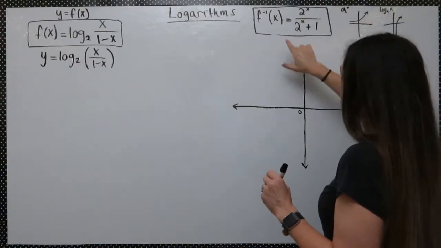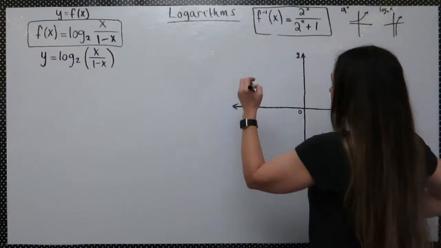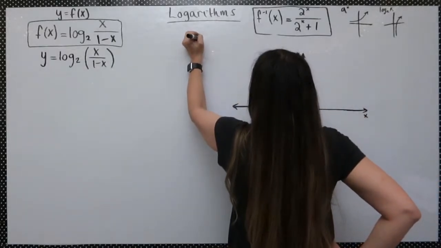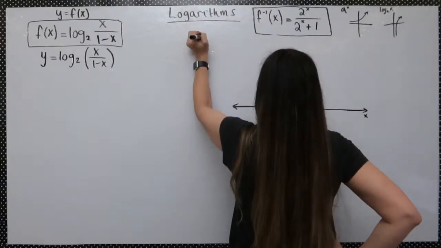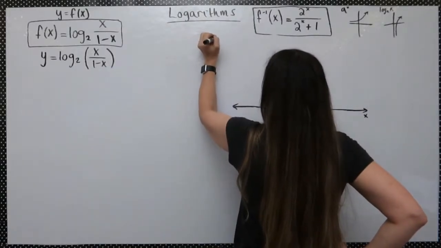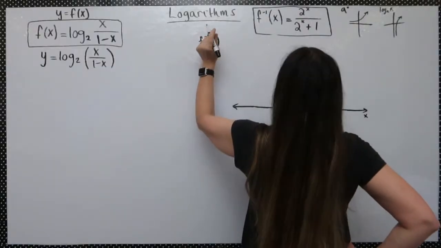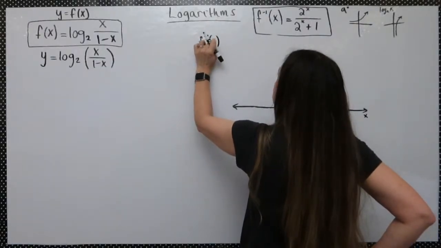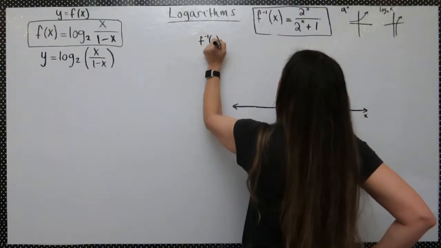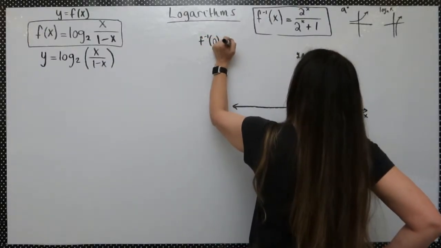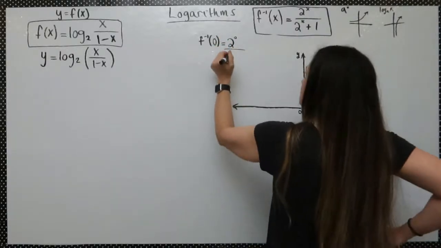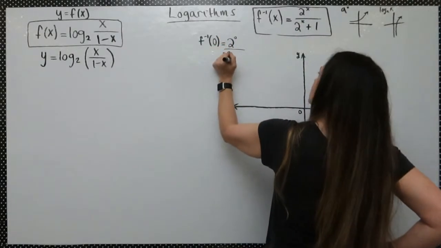I'm going to use this function, f inverse of x, and instead of x, plug in 0. It's going to be 2 to the 0 divided by 2 to the 0 plus 1.